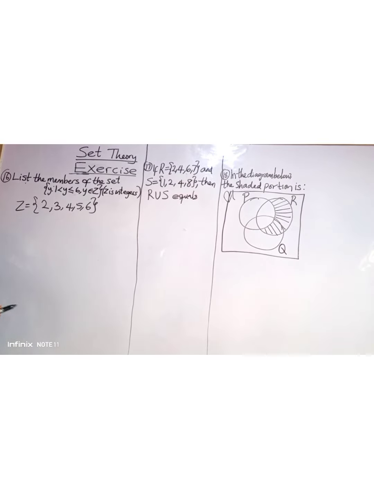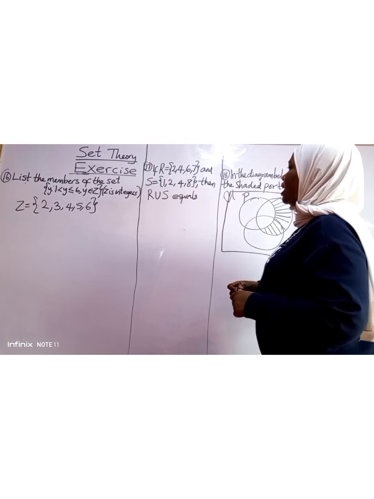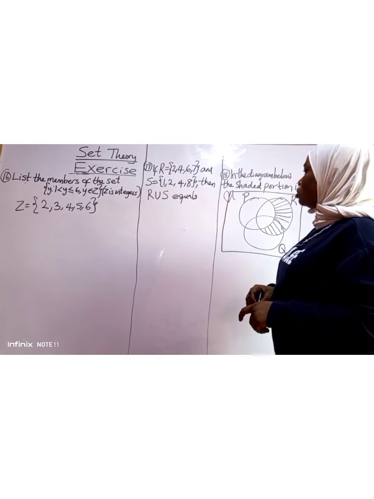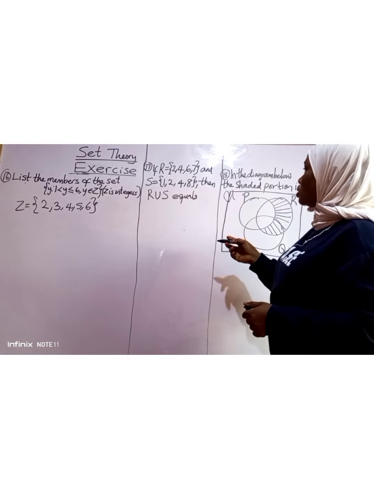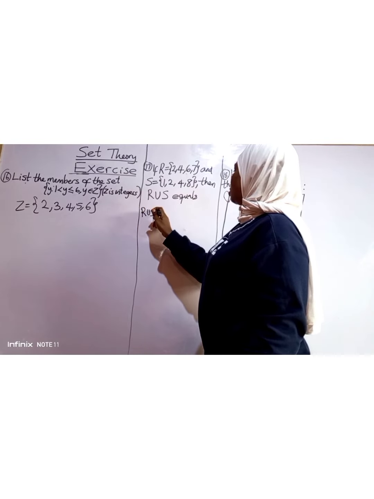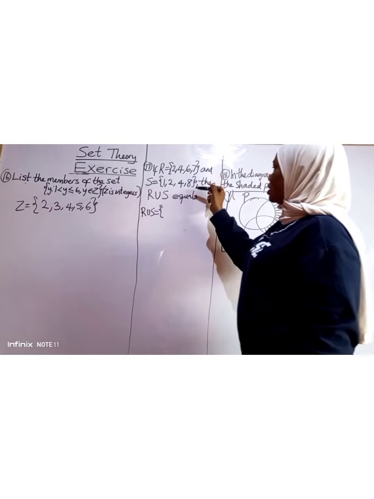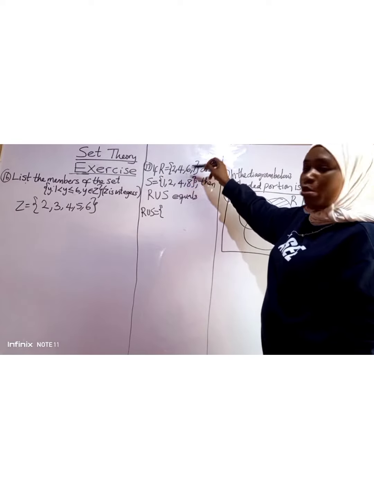So take notes. Number 17, if set R is equal to 2, 4, 6, 7, and S is equal to 1, 2, 4, and 8, then R union S equals, so I told you R union S, union will be all the elements in R or S or both.